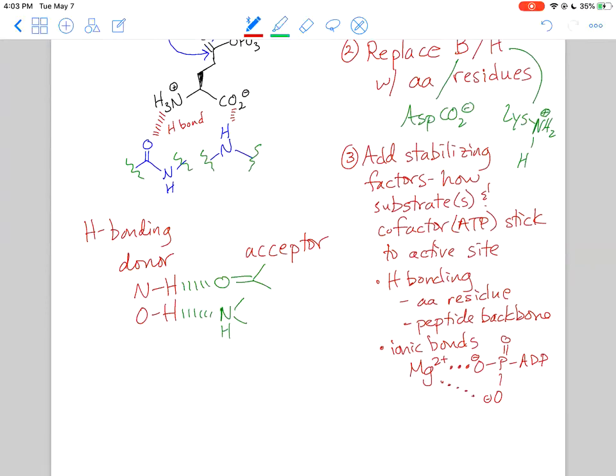And last but not least, you do want to show that the magnesium is actually coordinated to the enzyme somehow. Most likely, rather than just saying enzyme, I think the example that I showed before was an aspartic acid residue that has a negative charge. It could be anything with a negative charge that is holding it all in place.